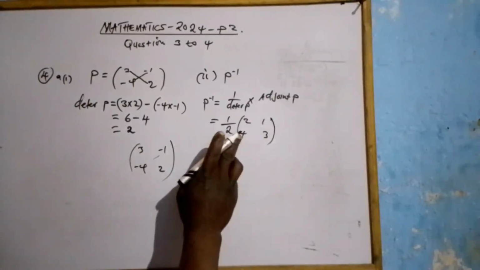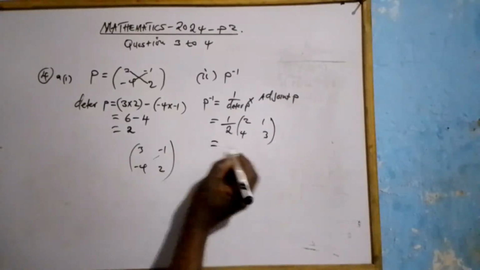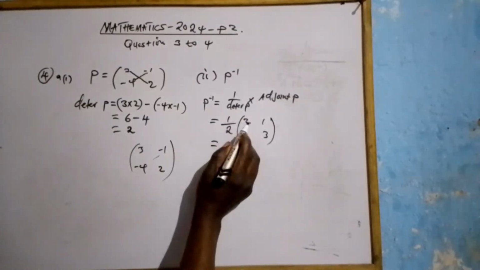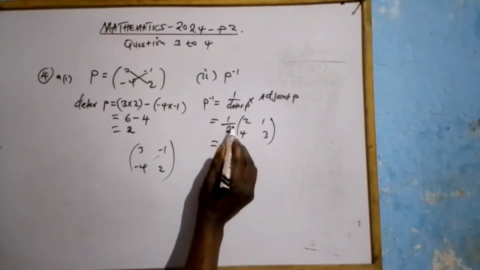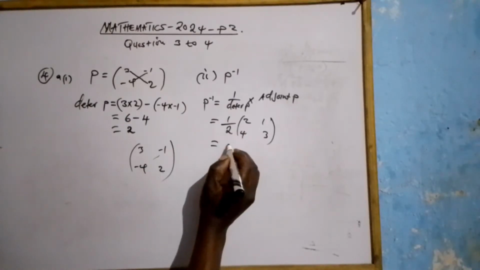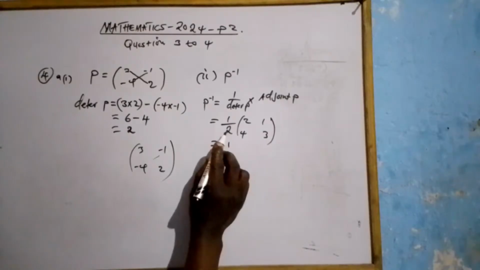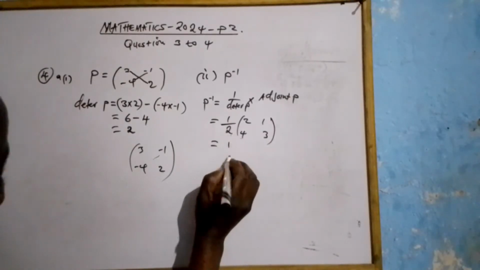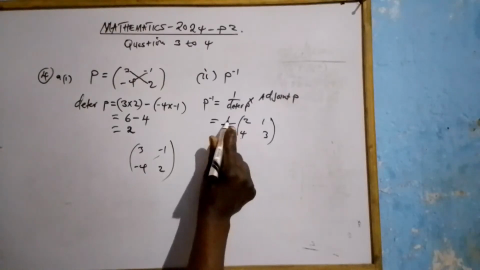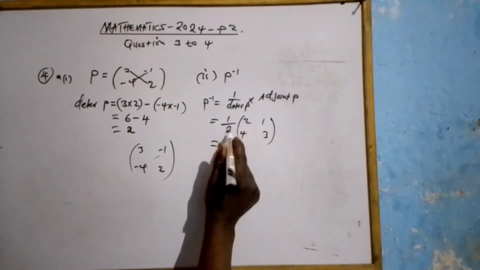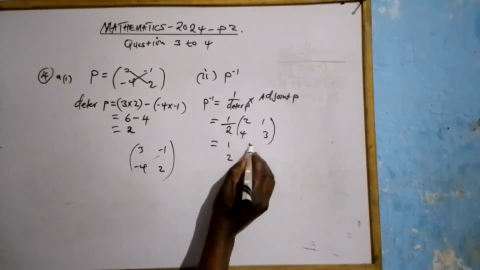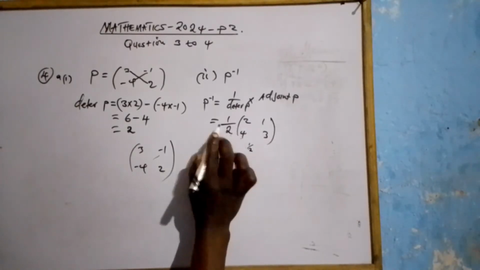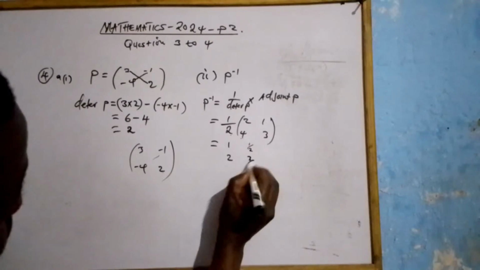This is the adjoint. Multiplying by 1 over 2: 1 times 2 is 2, 2 into 2 is 1; 1 times 4 is 4, 2 into 4 is 2; 1 times 1 is 1, then it will be 1 over 2; then 1 times 3 will be 3 over 2.